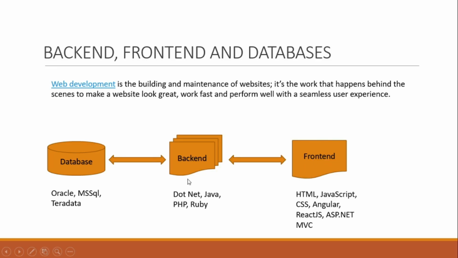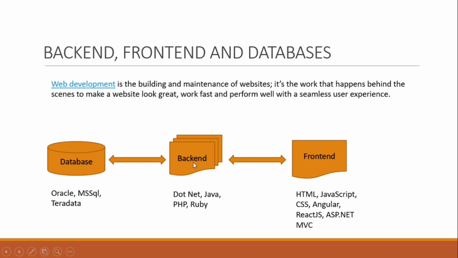Okay, so in three tier architecture, we can better understand the working of websites or web applications. The front end is developed through HTML, JavaScript, CSS, Angular, and other front end technologies, which is further connected to the backend part.